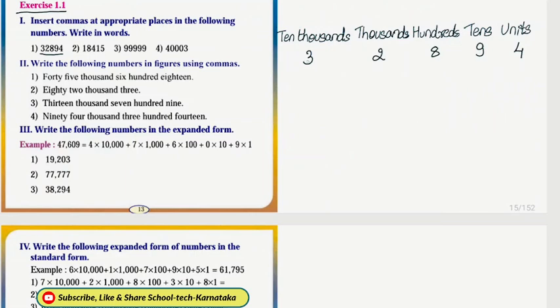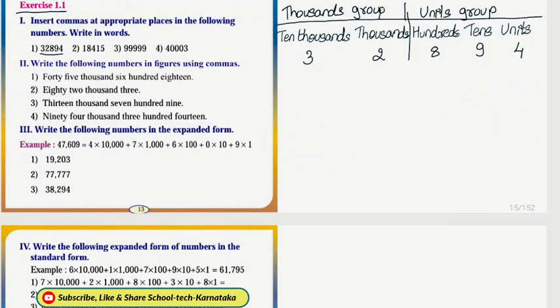And these numbers can be grouped as shown here. So our hundreds, tens and units place can be grouped into units group, and the digits in 10,000s and thousands place can be grouped into thousands group.